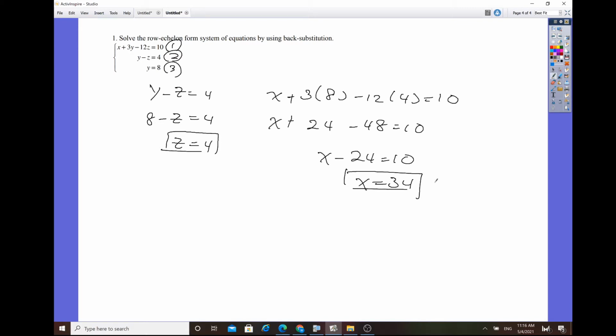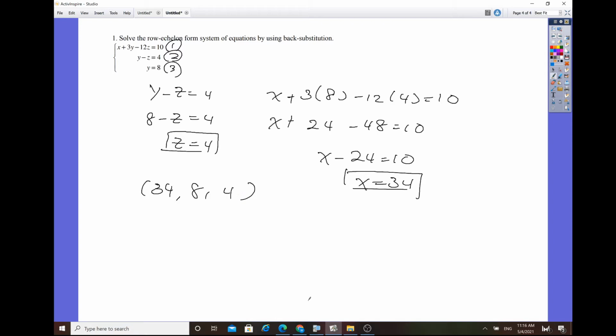You can always plug the numbers back into the equation and check to make sure that it satisfies the solution. So we got x, y, z, three variables: the length, the width, and then the height.